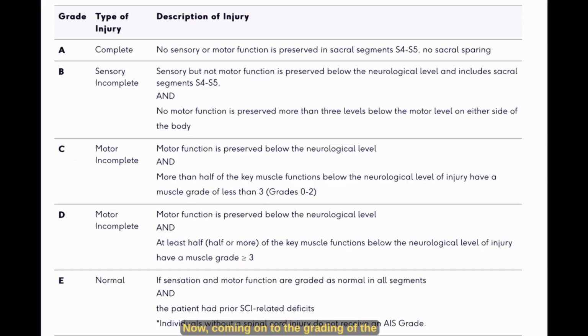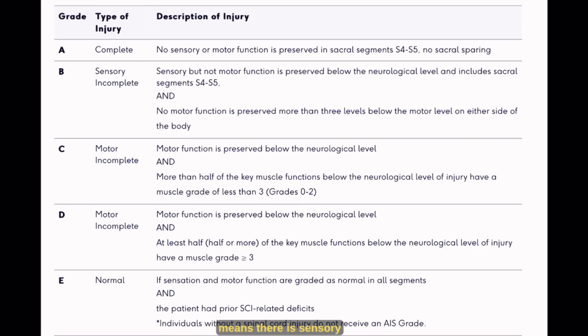Now coming on to the grading of the spinal cord injury. So if we have graded the injury as ASIA A, that means it's a complete type of injury and there is no sensory or motor function preserved in the sacral segments S4 and S5. That is, there is no sacral sparing as well. Now coming on to ASIA B, that is sensory incomplete.